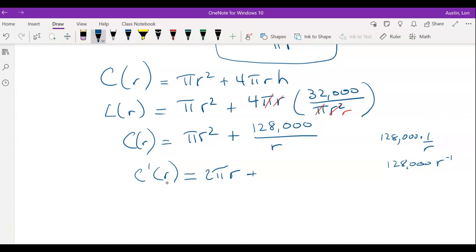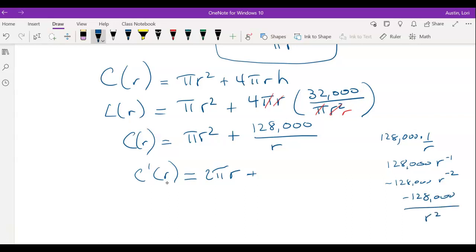The other thing is, at this point you should start to memorize what the derivative of 1 over any variable is, like 1 over x, 1 over r. If you don't memorize it, you have to do this little work off to the side. Taking the derivative means putting the negative 1 out front, right? So I get negative 128,000 r to the negative what? Yeah, which is negative 128,000.